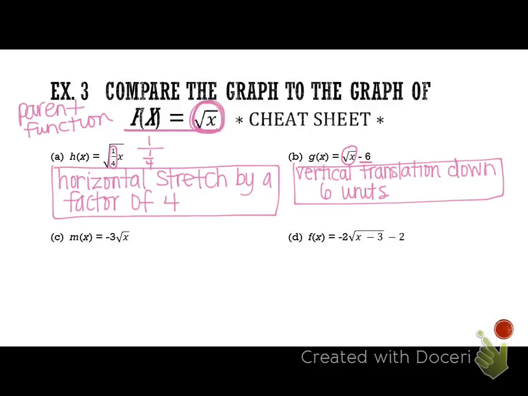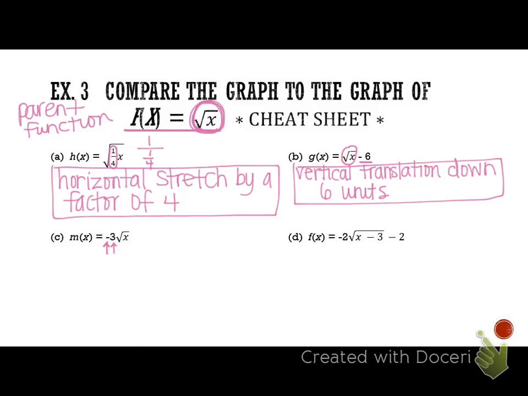Now, if you'd like to pause and see if you can figure out letter C on your own, that'd be a great idea. Be very careful when you look at letter C, and remember that the negative sign is a transformation all on its own. Then you've got the 3. So don't get confused and try to figure out a -3 being multiplied by the function.